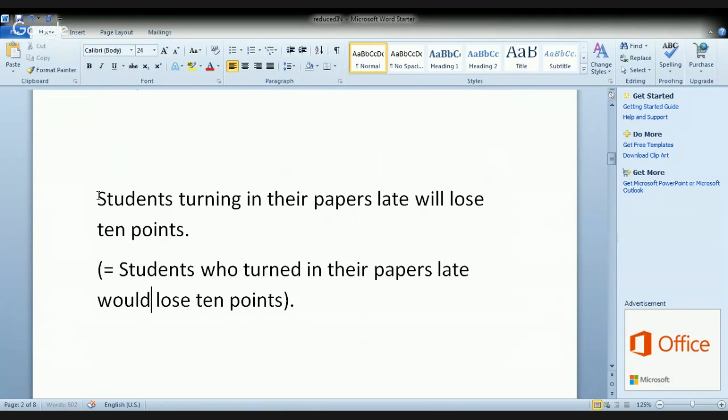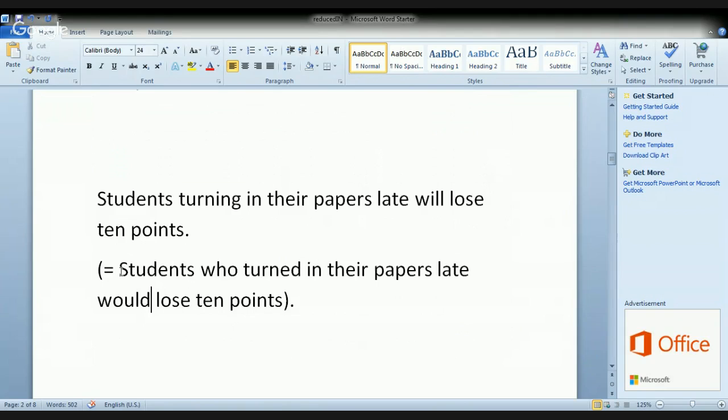And then let's see if this one still makes sense. Students turning in their papers late will lose 10 points. Now, you can say this first sentence before students turn in their papers. This sentence now transformed into the past tense. It sounds more like reported speech to me. This sounds like something that people would say after.